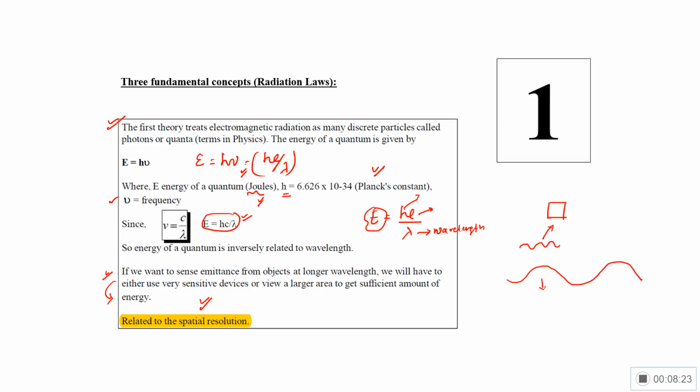So for finer resolution, the wavelength should be low. If the wavelength is more, then the energy will be least.